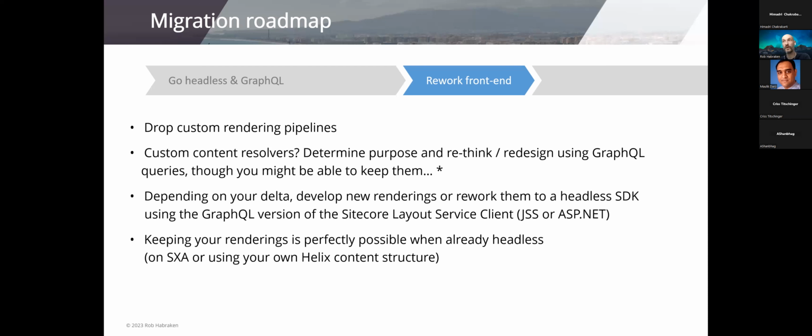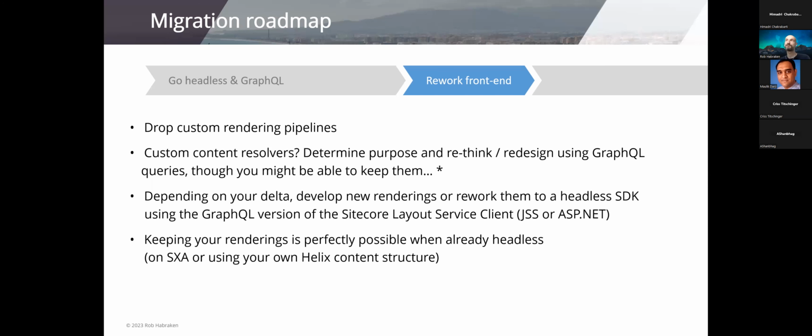I'm used to only using JSS for this, but it would work equally well with ASP.NET. So if you're already headless, keeping your renderings would be perfectly possible. If that's either going to be an SDK implementation of your own Helix content structure, doesn't really matter. It should be possible to keep that.